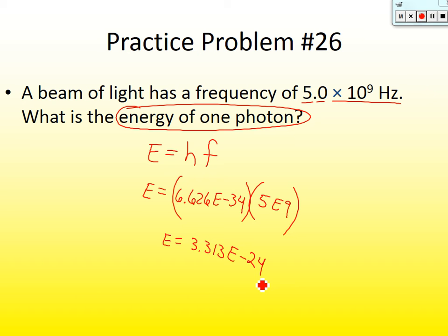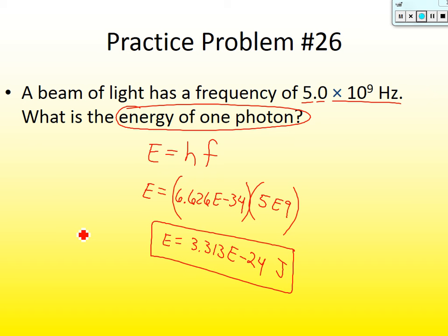Now it's an energy value. We just got done with the energy chapter. What are the units for energy? Joules. So we're going to put a J right here. Now, is that a very large number or is that a very small number? It's very small. Times 10 to the minus 24th. We would have to slide this decimal 24 times to the left.